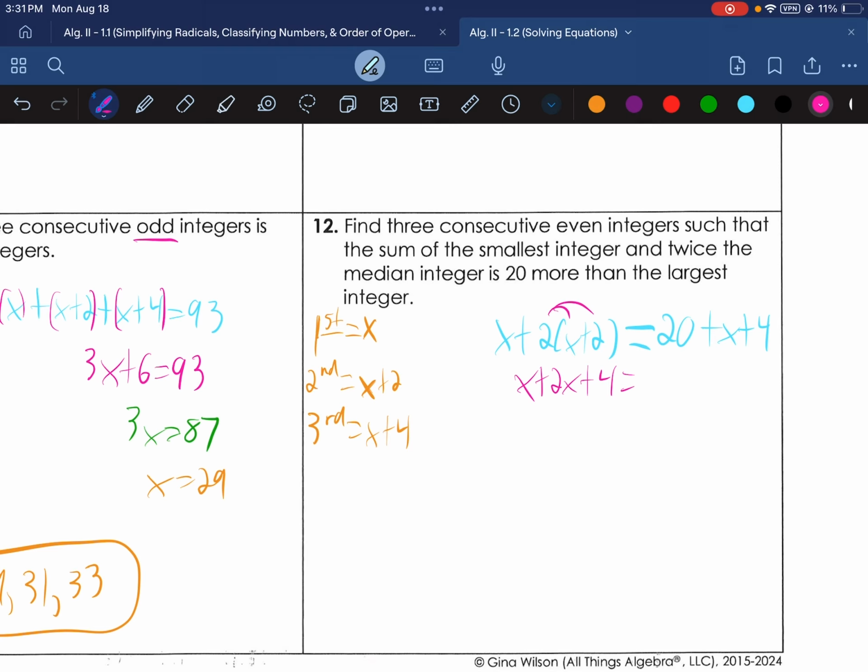So I'm going to go ahead and distribute the 2 here and get x plus 2x plus 4 equals 24 plus x. I'm going to rewrite that 24. Combining like terms on my left side gives us 3x plus 4 equals 24 plus x.